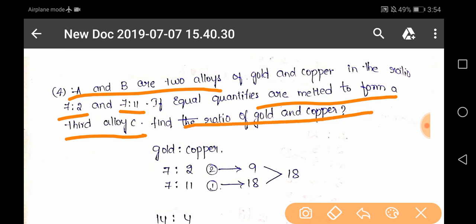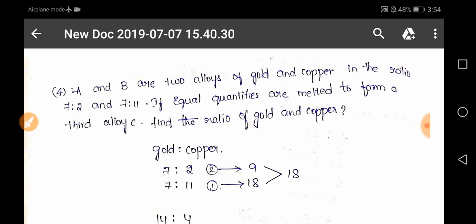So as we know, gold will not be melted singly, so gold will be mixed with some other material and then it will get molded. So they have given a ratio. Just find out the ratio of gold and copper when it is mixed.